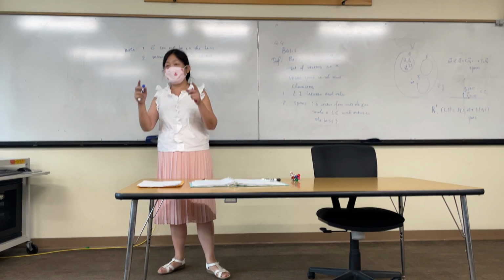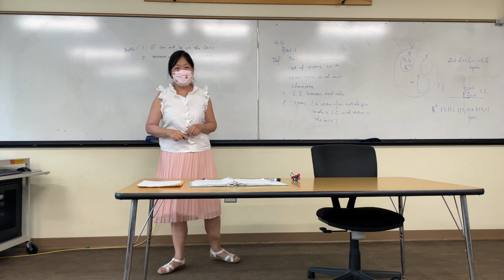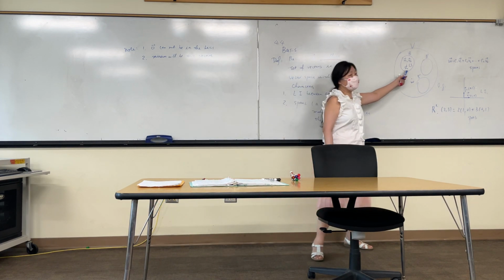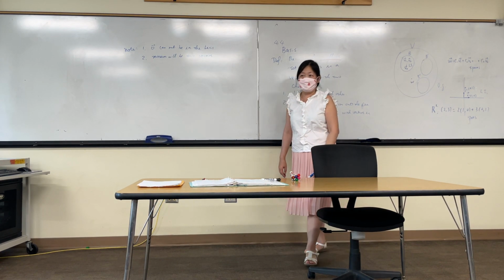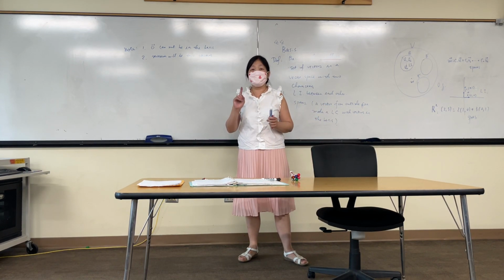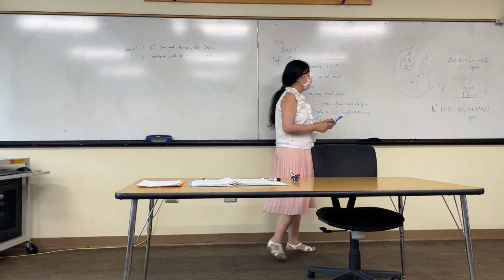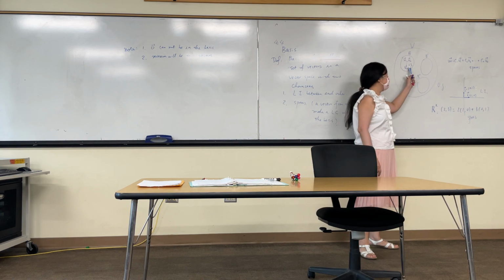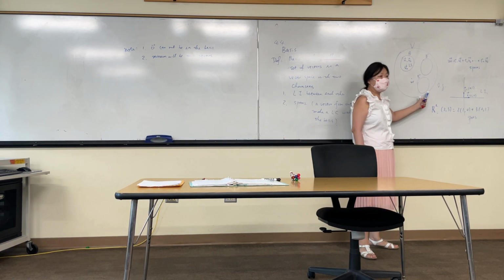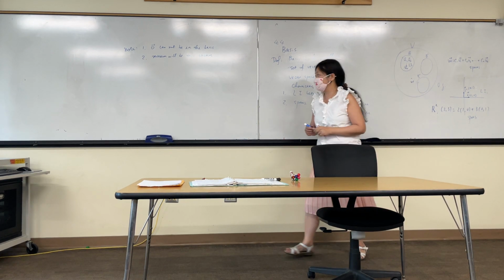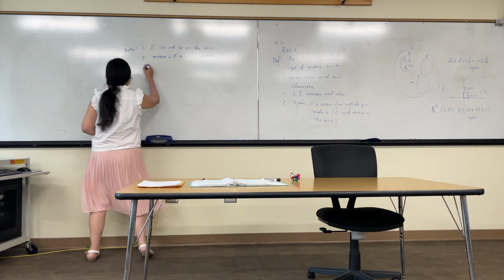Can you have many bases in a vector space? Yes, you can, as many as you want. Would they have the same number? They all have the same number. If they're in the same vector space, there's the same number of vectors in each base, but the vectors are different. Maybe I'll write one more thing.